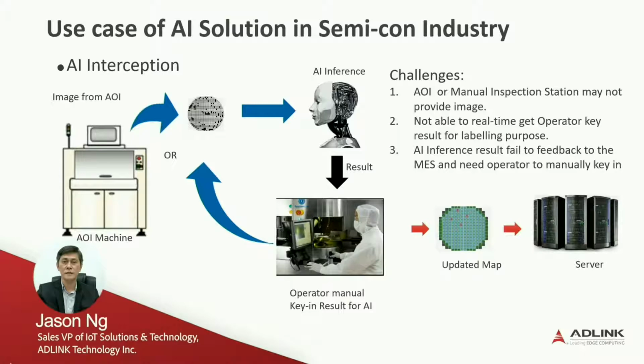Even if there is an image, we are not able to get the operator result for labeling. During operation, the inference result from AI may fail to be fed back to the MES, and this needs the operator to key in manually, which is very tedious and time-consuming.